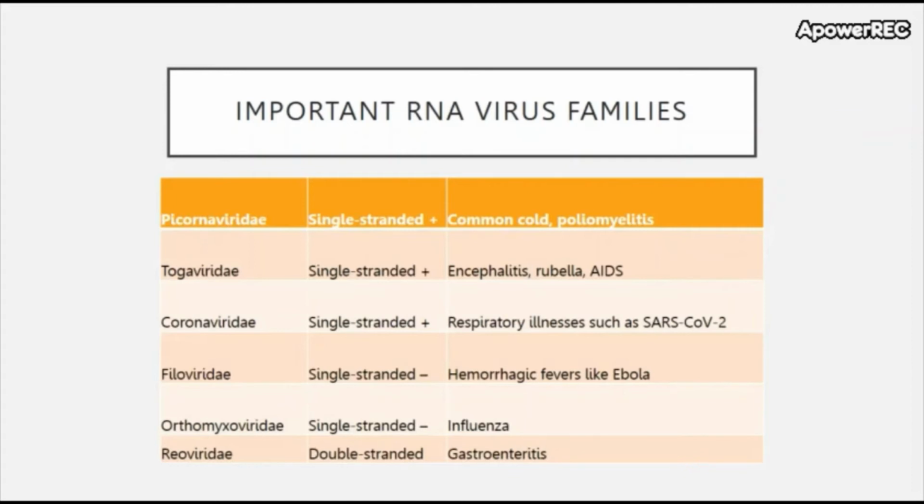Next is Filoviridae, an antisense single-stranded RNA virus. It can cause hemorrhagic fevers like Ebola. Then we have Orthomyxoviridae, which is also antisense and causes the flu with influenza. And finally, Reoviridae, which is a double-stranded RNA virus and can lead to gastroenteritis.